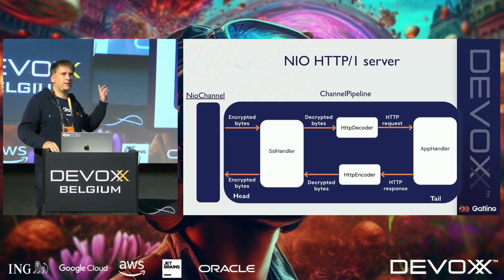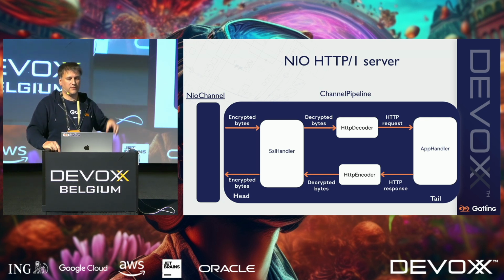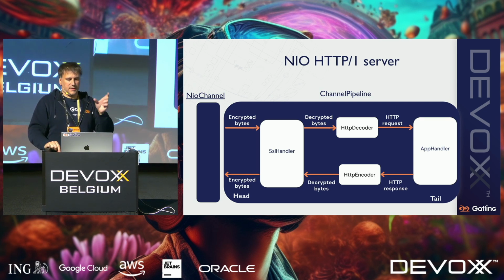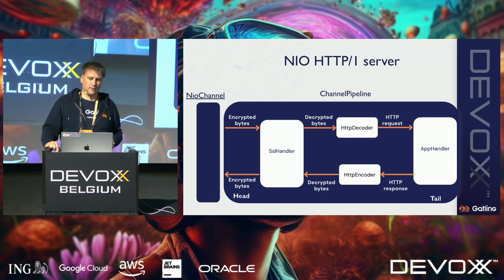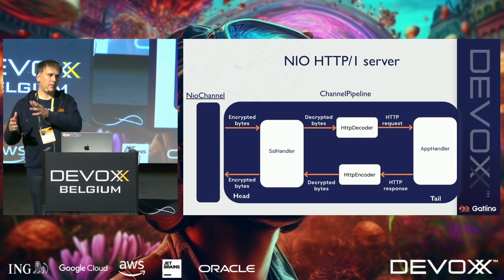So it's clear on this schema. You see all the encrypted bytes coming from the NIO channel being handed to the SSL handler, which handles both inbound and outbound events. The SSL handler will then pass the decrypted bytes to the next inbound handler in the pipeline, which is the HTTP decoder. It will parse the bytes and build some HTTP request objects, and hand them over to the application layer.